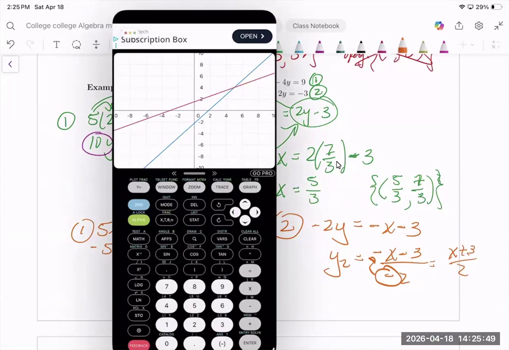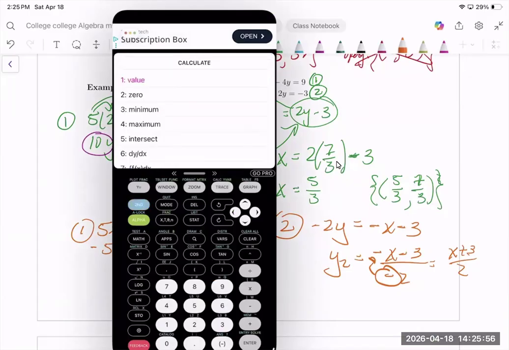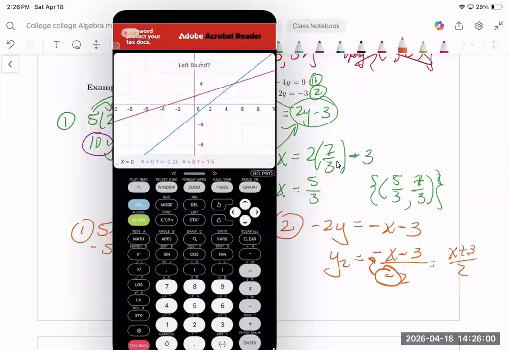So now when we graph, the answer, remember, is where they intersect. So you want to go second calc or second trace. And notice, what does 5 say? 5 says intersect. So you move your cursor, I'm just pressing the right arrow, to where you're close or even on.